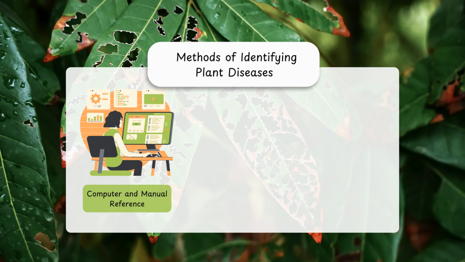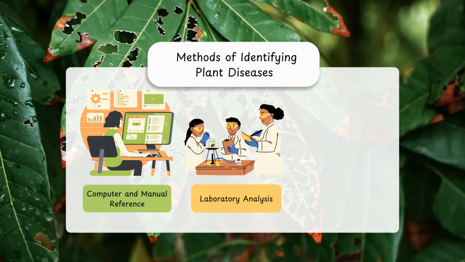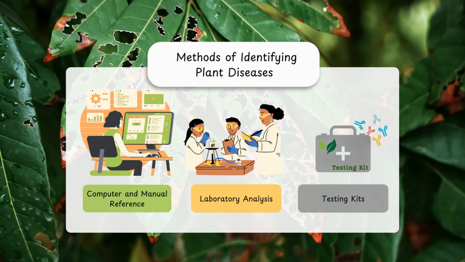For a more precise diagnosis, it is possible to send a sample of the infected plant to a laboratory. Scientists there can perform various tests to identify the specific pathogen causing the disease. Modern technology has introduced testing kits that use monoclonal antibodies to detect specific pathogens. These kits are becoming more accessible to gardeners and can provide a fast diagnosis.